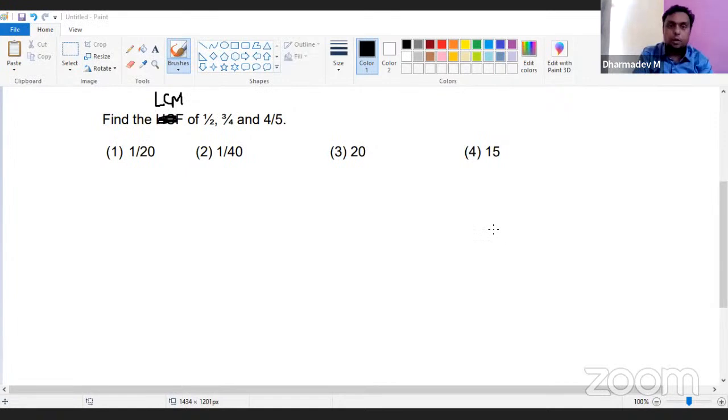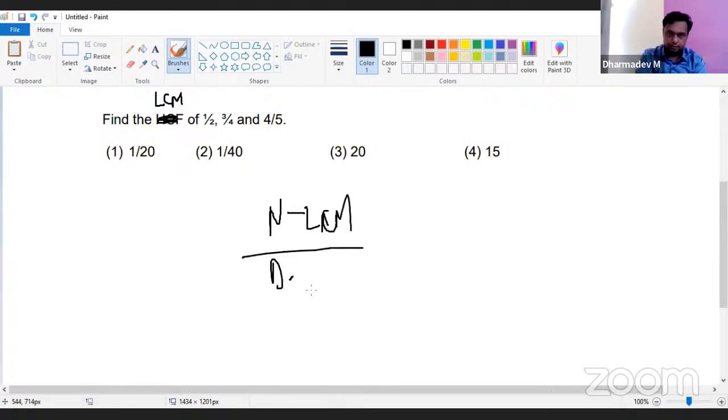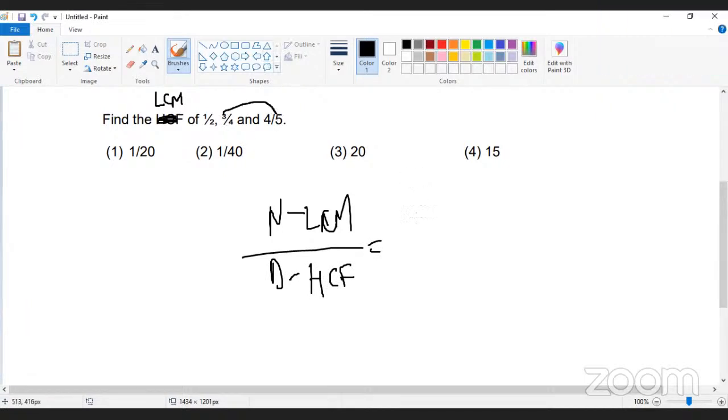In that case, numerator is LCM and the denominator is HCF. So the LCM of the numerator is 12. 12 upon 1.